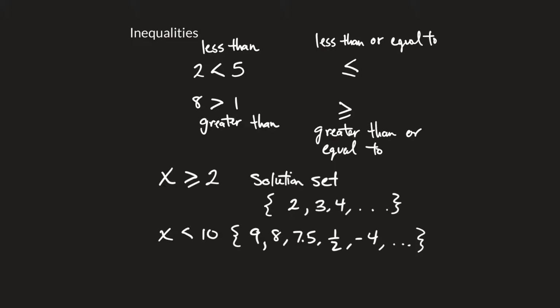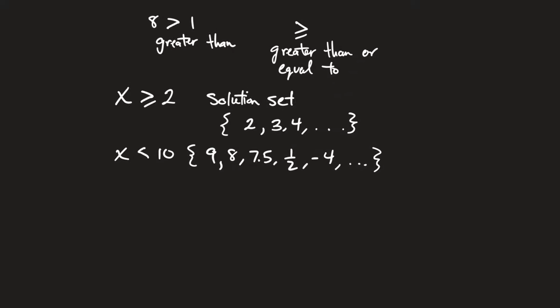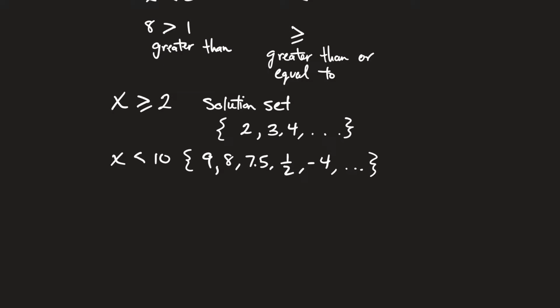There are an infinite number of solutions to these inequalities. That's different than something like x is equal to 2. Well, what is the solution set? It's just 2. Not that exciting. But in inequalities, you can have an infinite number of answers. But not every number is your answer, right?